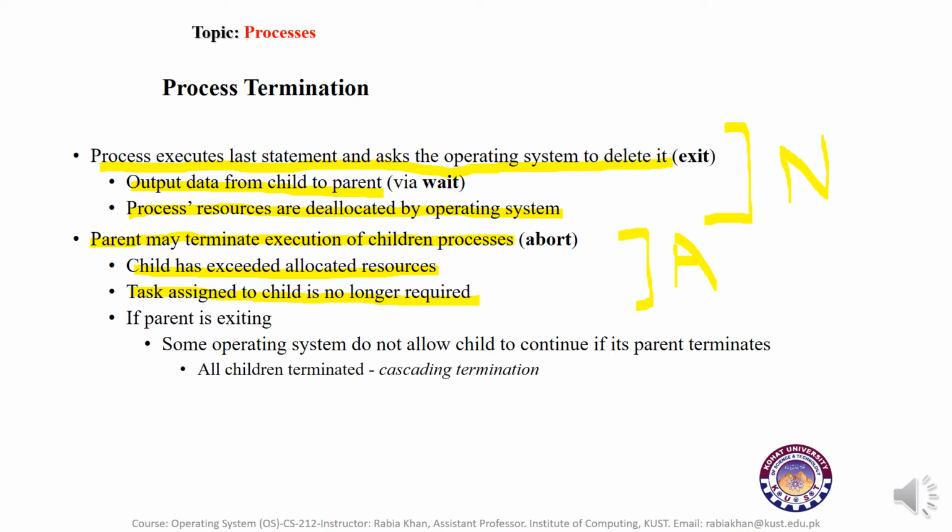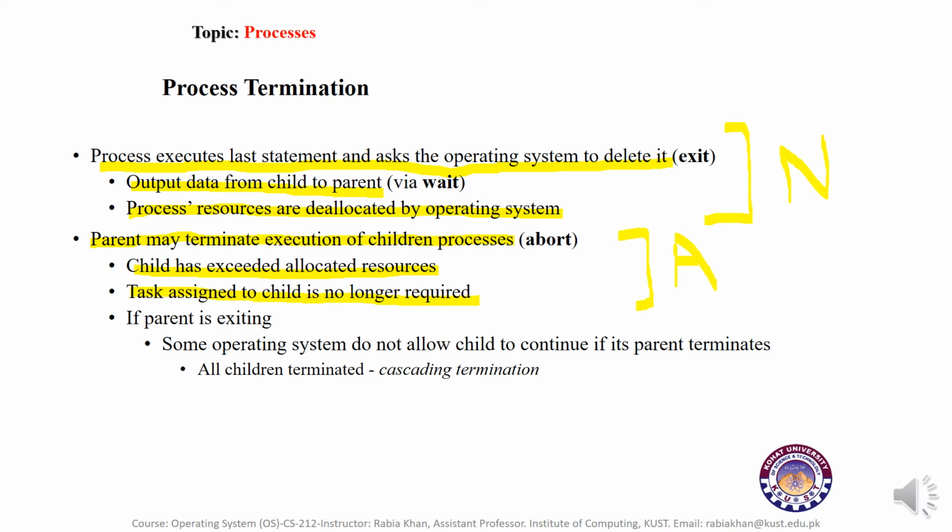So both cases can be there. If a child process is problematic, the parent can kill that child process, or if the task that has been given to the child process is no more required, the parent can kill or abort its child process.